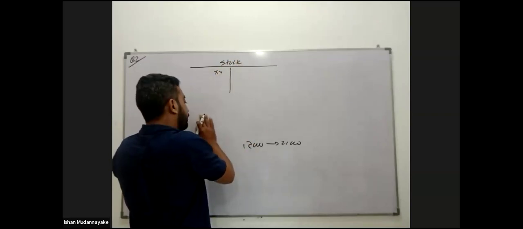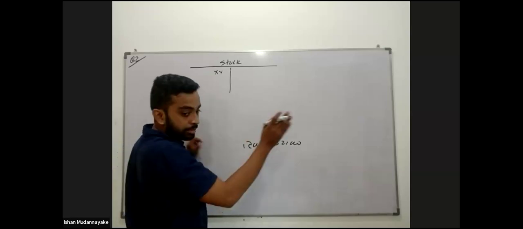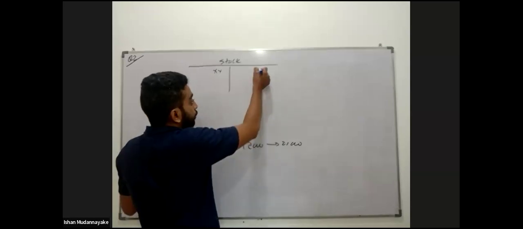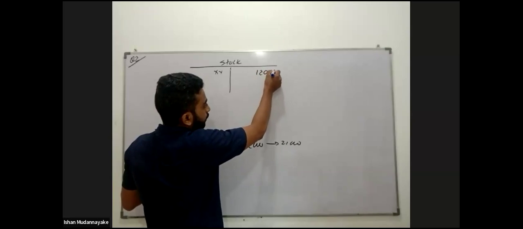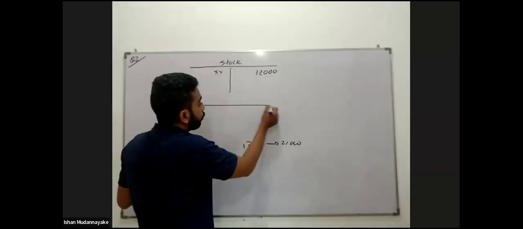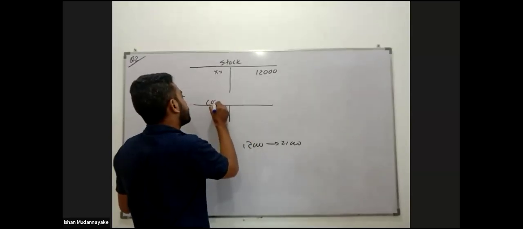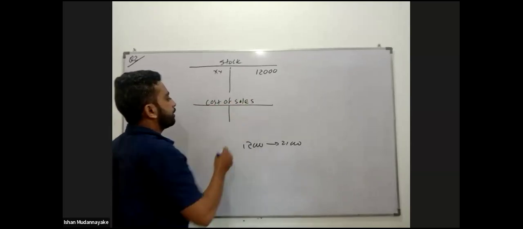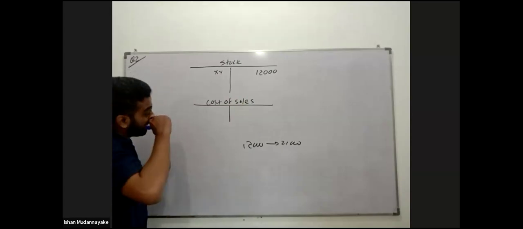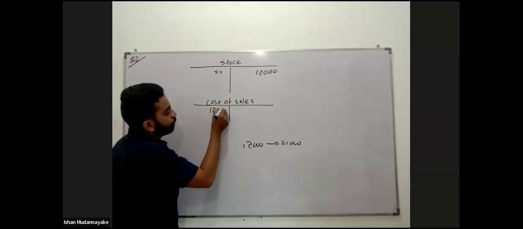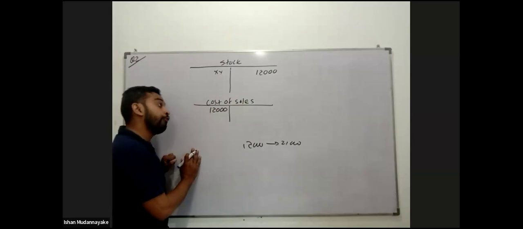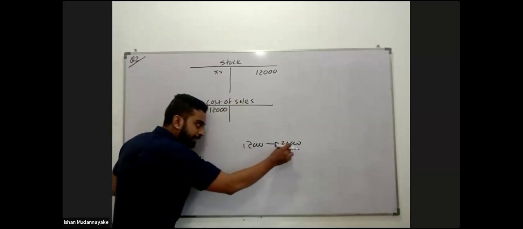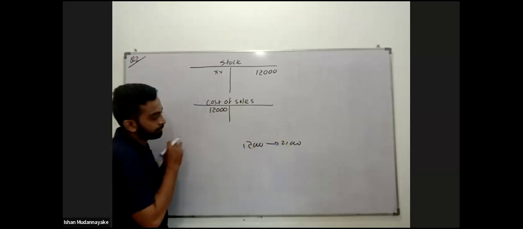When you transfer this 12,000 stock to the customer, stock account credit 12,000, cost of sales account debit 12,000. Cost incurred for the sale is 12,000. Cost of sales.